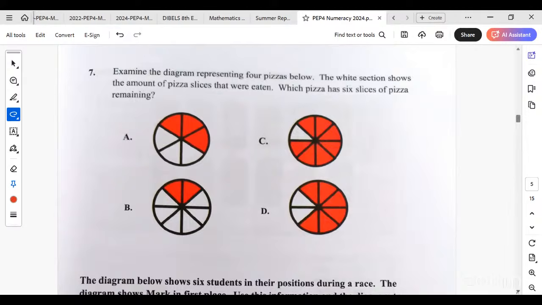So the red would show the amount of pizza slices that are left. So we need to find one that has 6 red sections remaining, and that is D. Remember, the white represents what was eaten, so the red represents what is remaining.